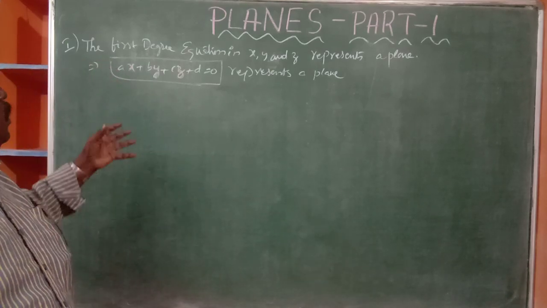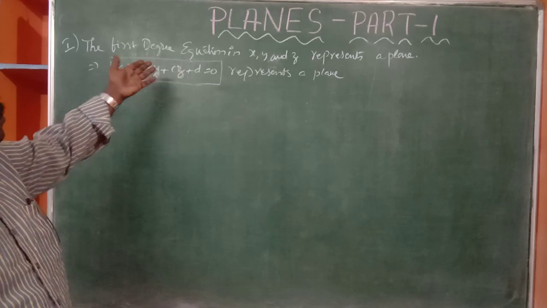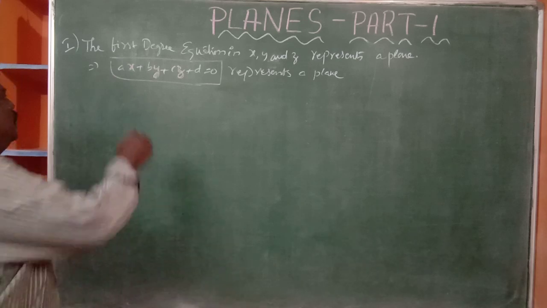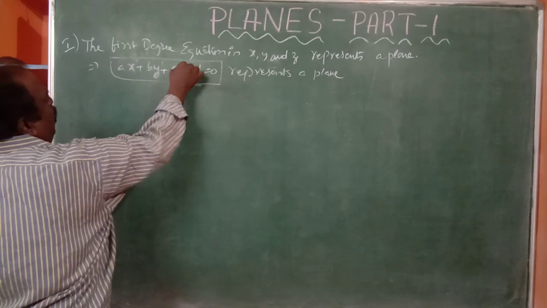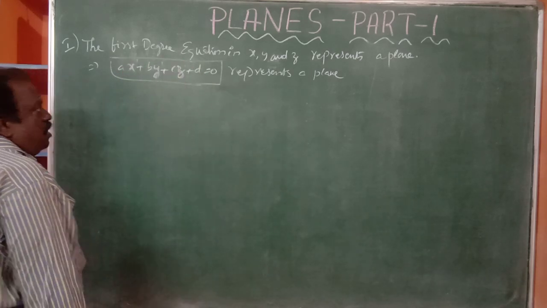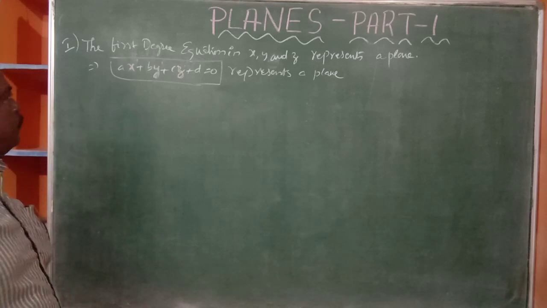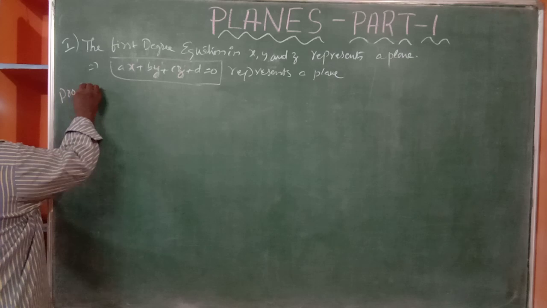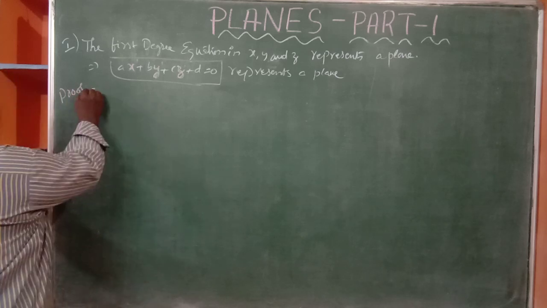You see, by geometry, by algebra, it is a first degree equation because it has the index 1, 1, 1. So it is a first degree equation in x, y, z. Now carefully observe it.